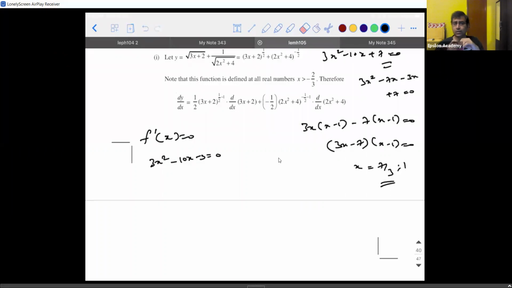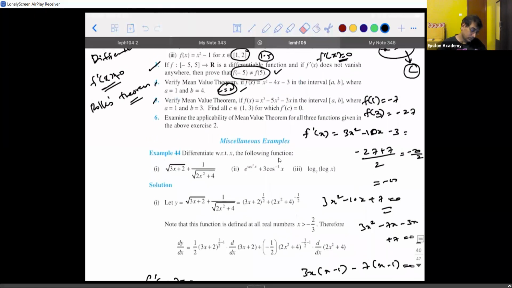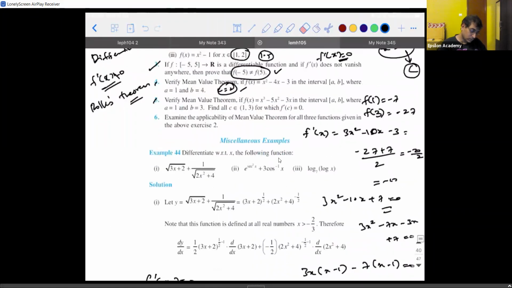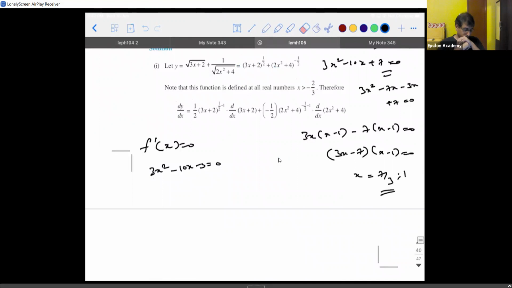Then we can't. So use the formula and then solve it. So minus b plus or minus root of b square minus 4ac divided by 2a. Use the formula and then solve, you'll get the answer.